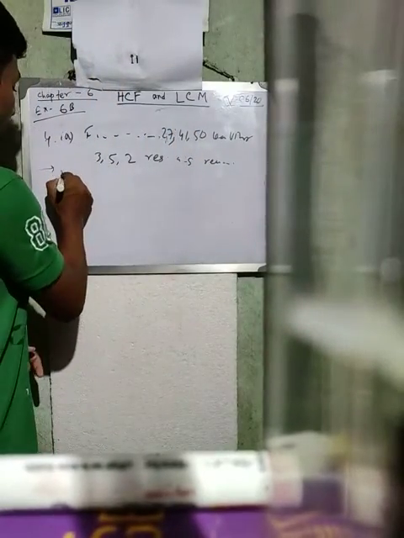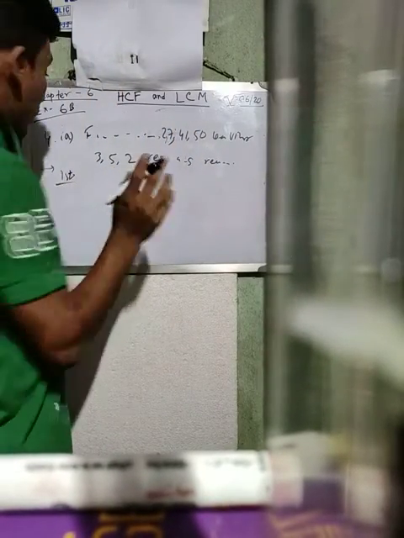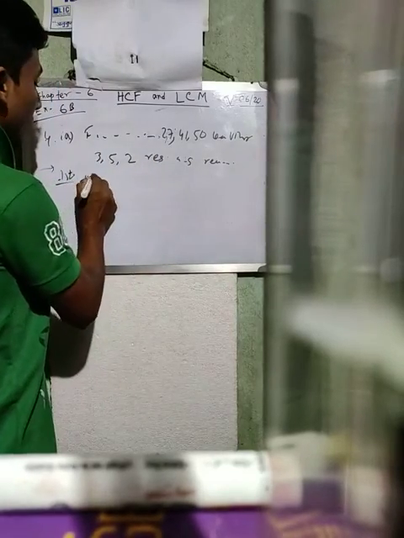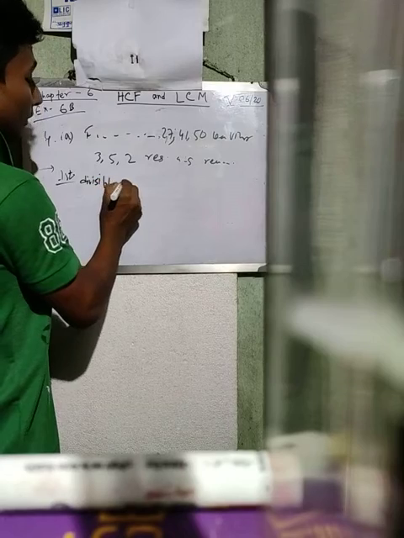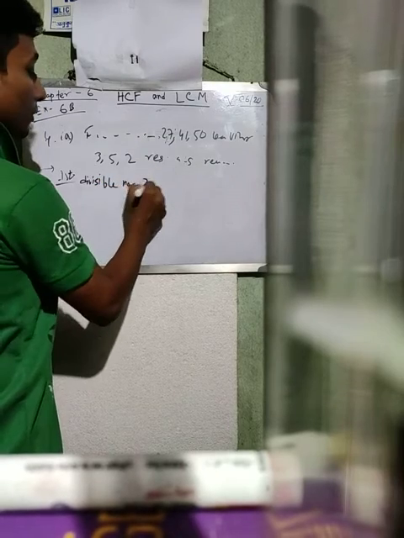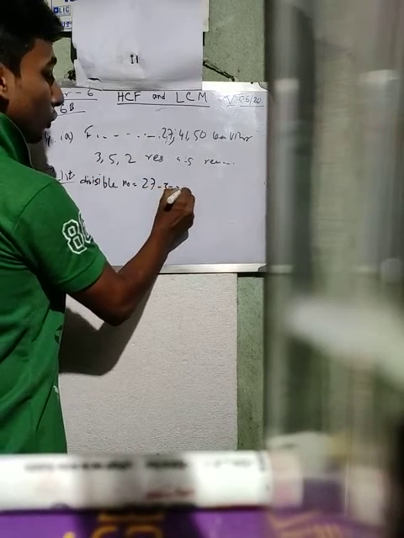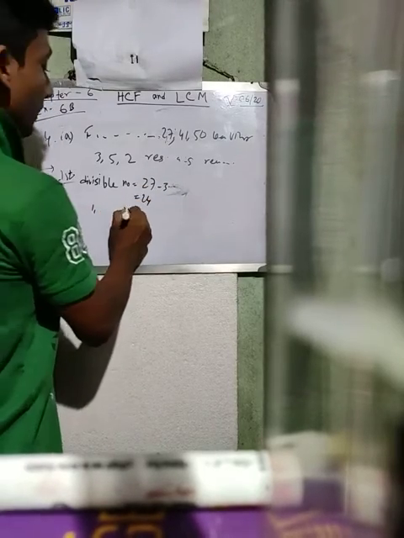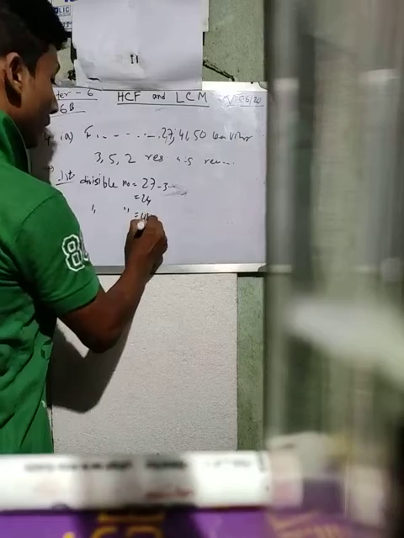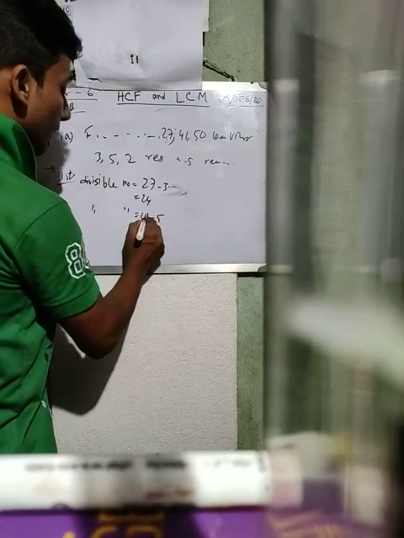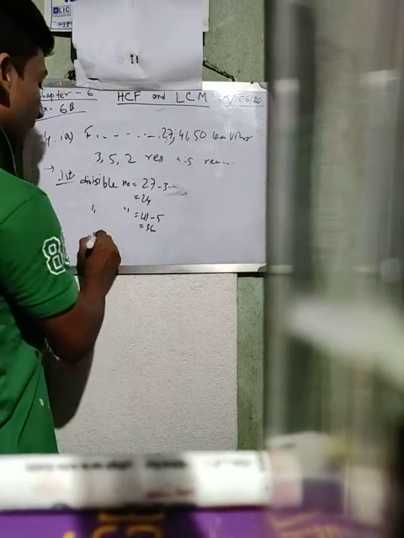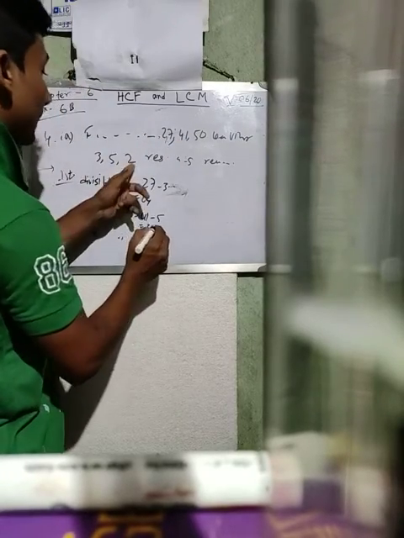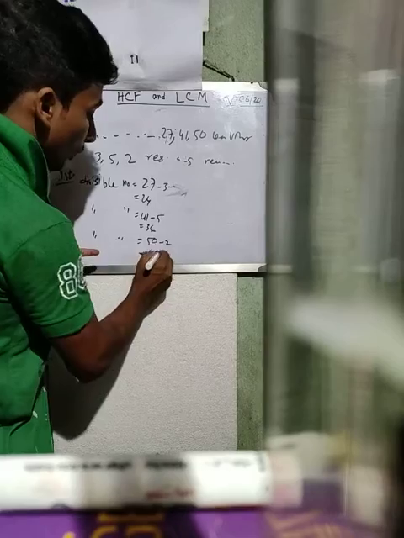So at first step we have to find the exact divisible numbers. The first divisible number is 27 minus 3, which is 24. The second divisible number: 41, remainder 5, so 41 minus 5 is 36. The third divisible number: 50 minus remainder 2 is 48.